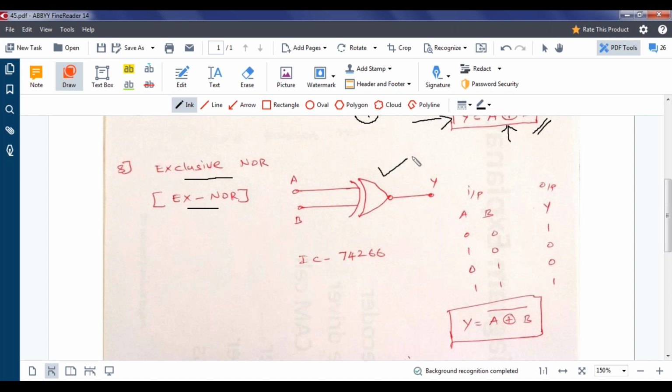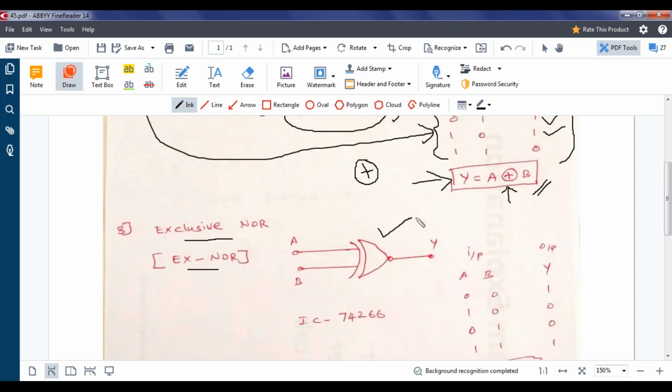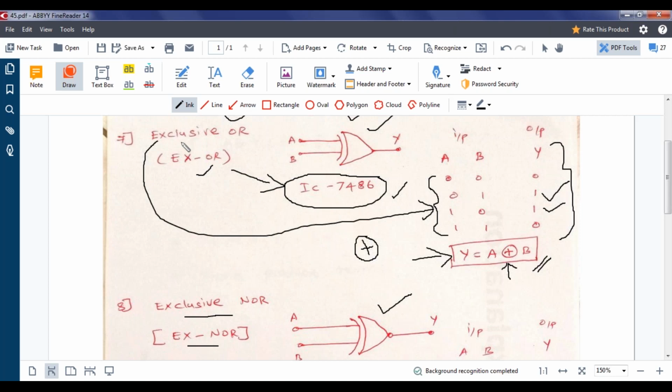So this is the symbol. Here A and B are your inputs, capital Y is your output. If you compare both exclusive OR and XNOR, here there is no circle, but here there is a circle. This is the difference between exclusive OR and XNOR.